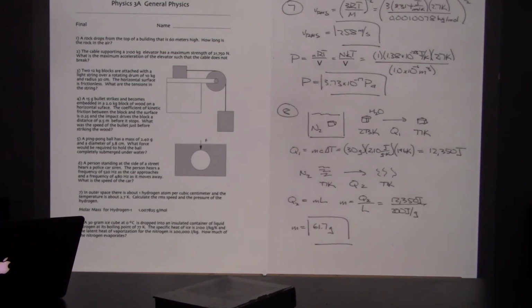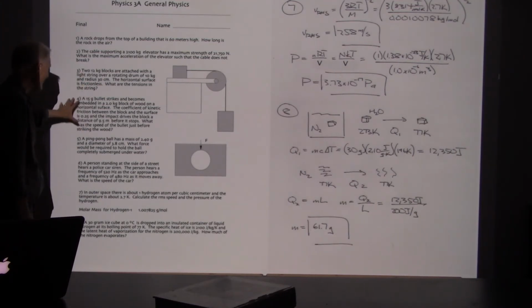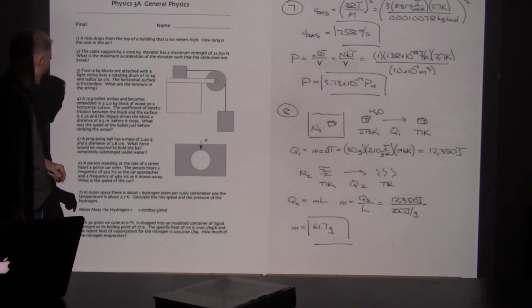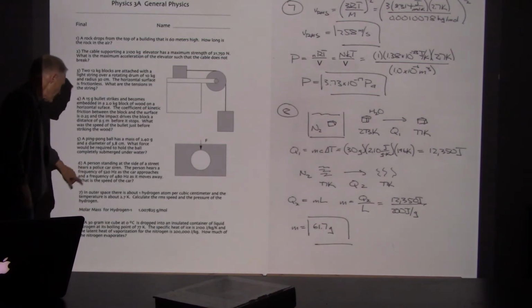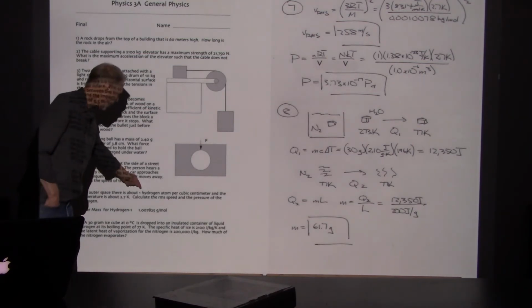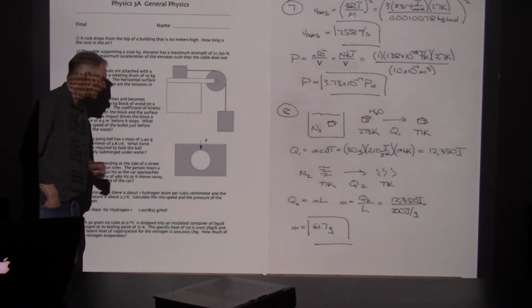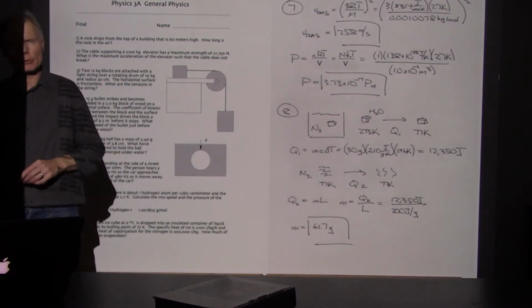Anyway, that said, let's move on. The last two problems we have are coming from the chapters on thermodynamics, and they have a very different feel, right? So those first 6 problems were coming from the mechanics portion of the course, and now we've moved into thermodynamics. Now the first part says, that's kind of an interesting problem. If we go into deep space, there's about 1 hydrogen atom per cubic centimeter.